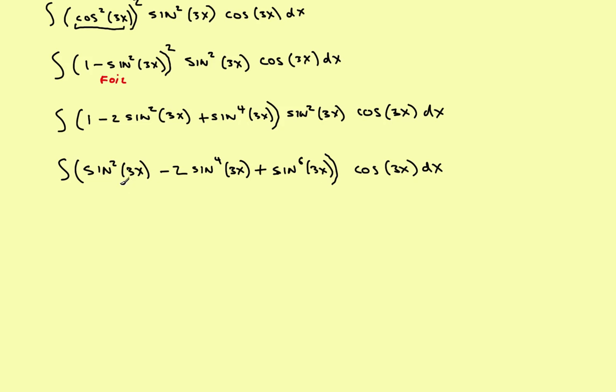Okay, now we're going to put one more step in just to show you how the U-substitution goes into this, just to rewrite it where it looks a little different. Rather than leaving it as sine squared, I'm going to take each one of these powers and move them to the outside.